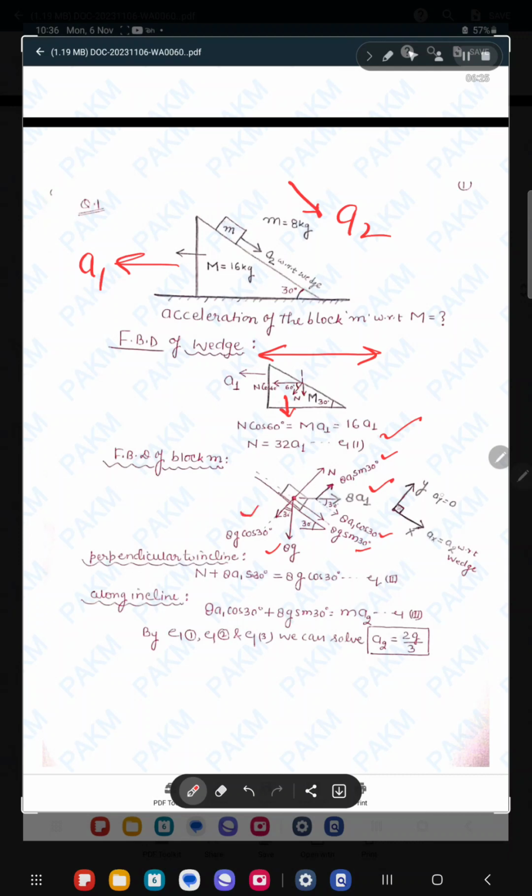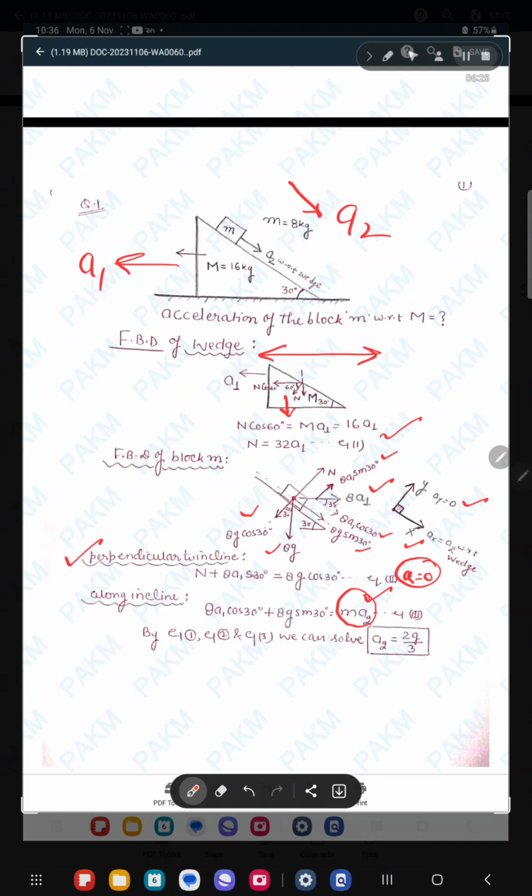Now, in the perpendicular direction the acceleration is 0, so that is a balanced force, and in the x direction it will have acceleration a2. So perpendicular resultant acceleration is 0, so we can say balanced force, and along the incline the net force is equal to m into a. This you had better remember.